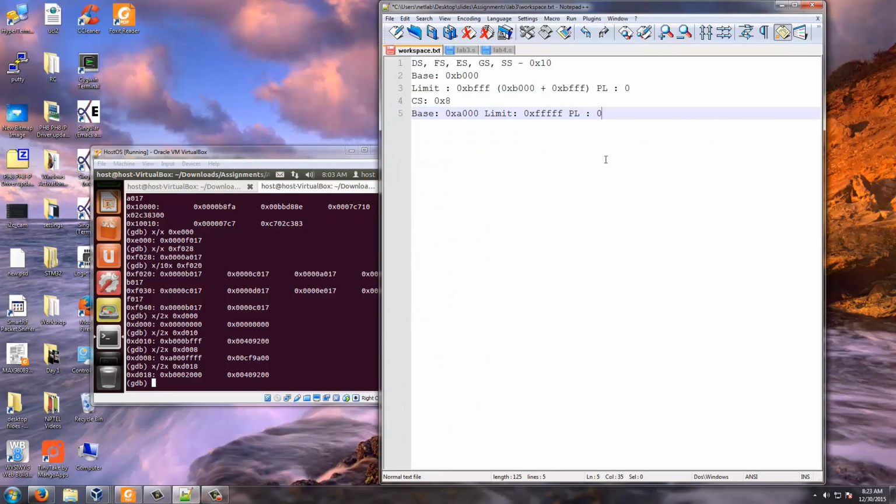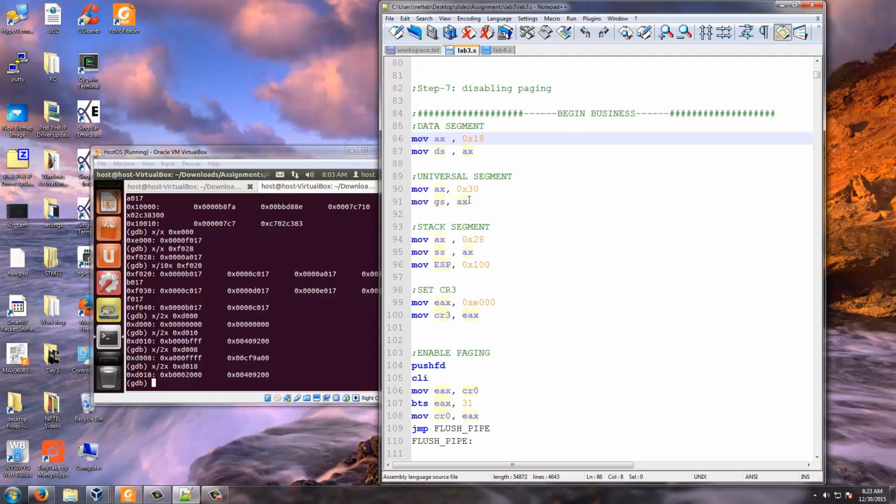So now at line number 87, we have now made DS point to 0x18, and that has now base B1000, limit is only 2000, and privilege level is 0. And it's of type 2, so it's a read write segment.